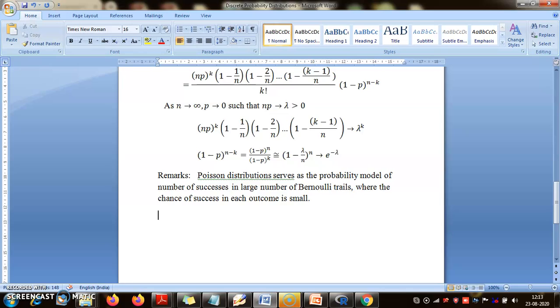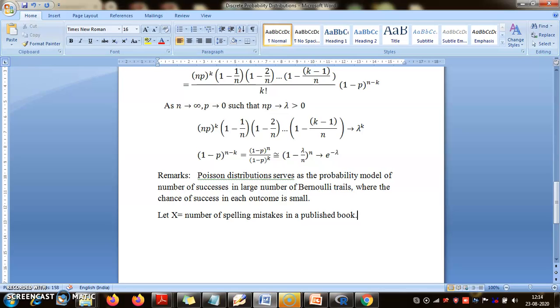Now, a practical application is this. Let X denote the number of spelling mistakes in a published book.